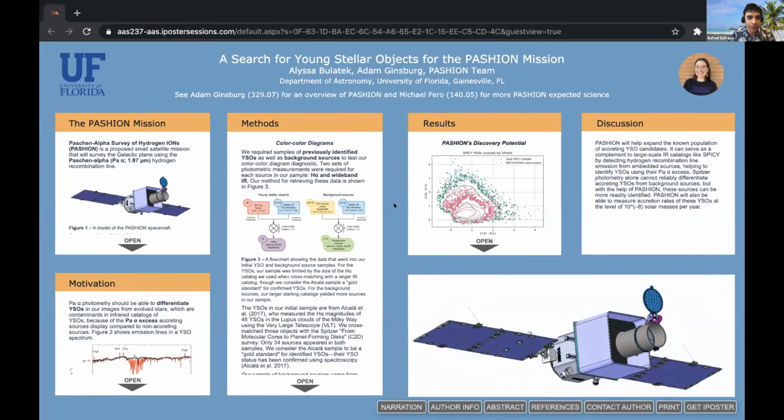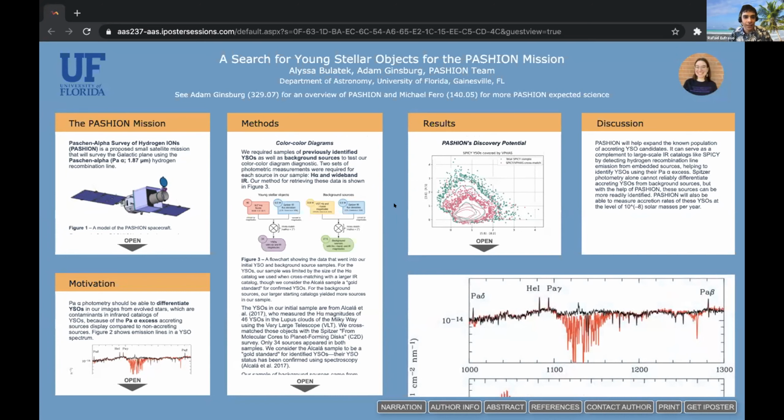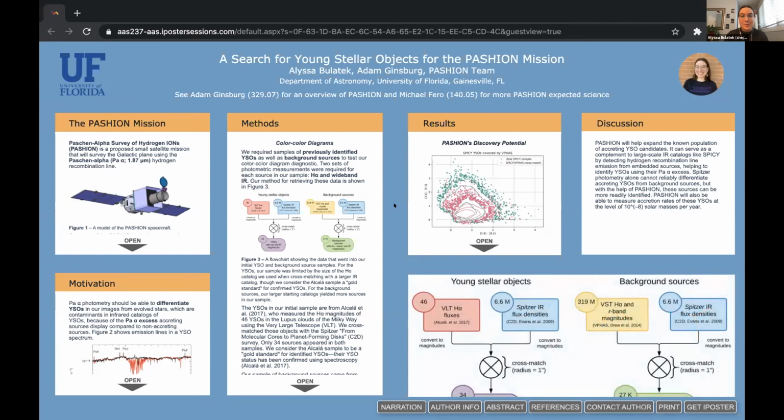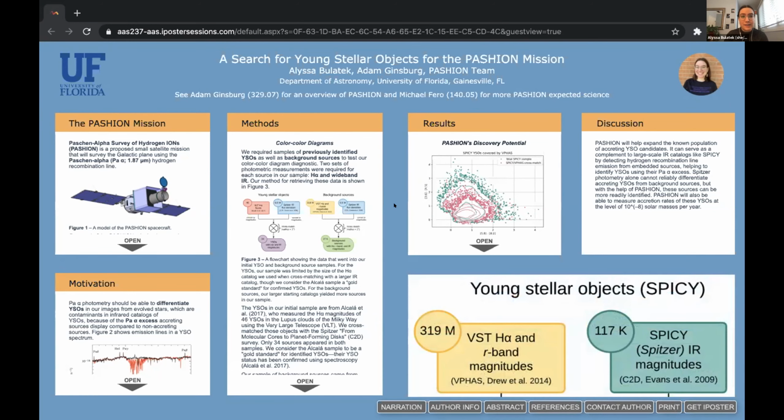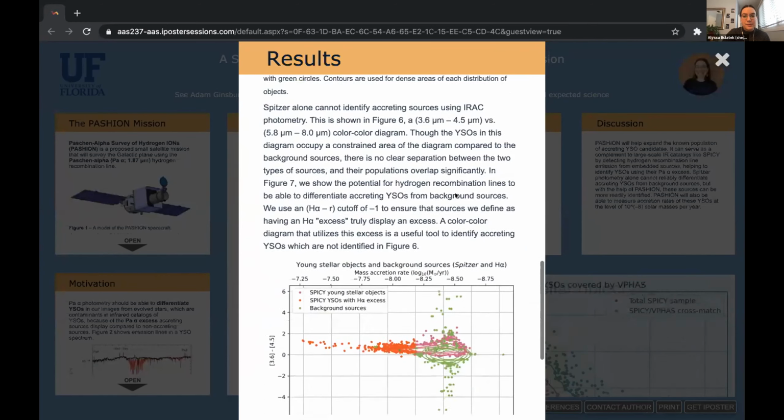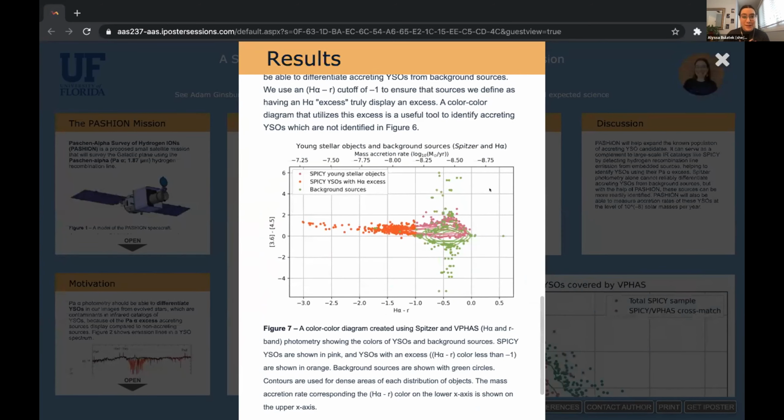Alisa, how do you define a YSO? That's a great question. That's sort of what this whole project was trying to determine. How can we quantitatively identify what is a YSO and what is not? I suppose a YSO, from my interpretation, is an object that is accreting mass from its natal cloud, an object that's still undergoing the process of formation.